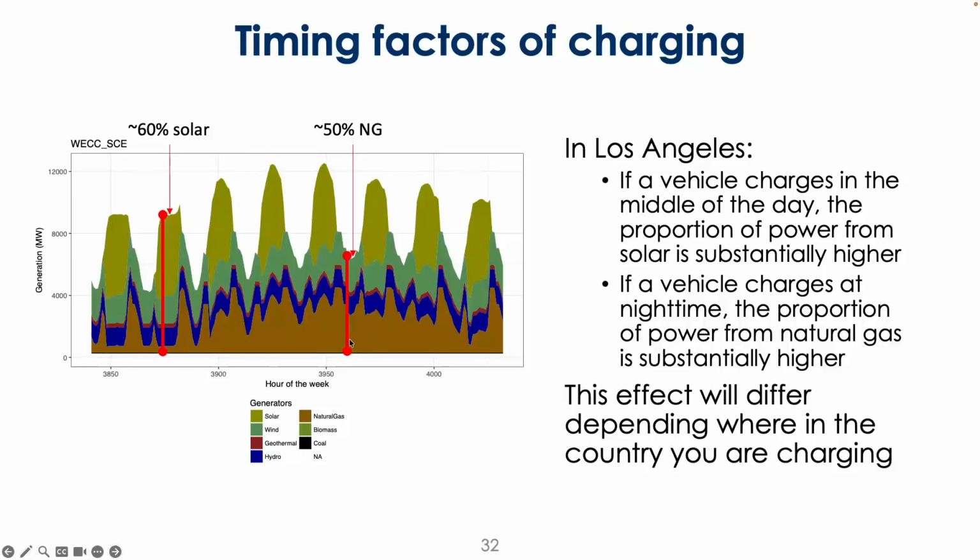Whereas if I charge from here, about half of that is natural gas. So if a car is charging in the middle of the day, the proportion of power coming from solar is substantially higher. And if the vehicle is charging at nighttime, the proportion of power from natural gas might be substantially higher. And so this effect changes both depending on where you are and when you are charging.